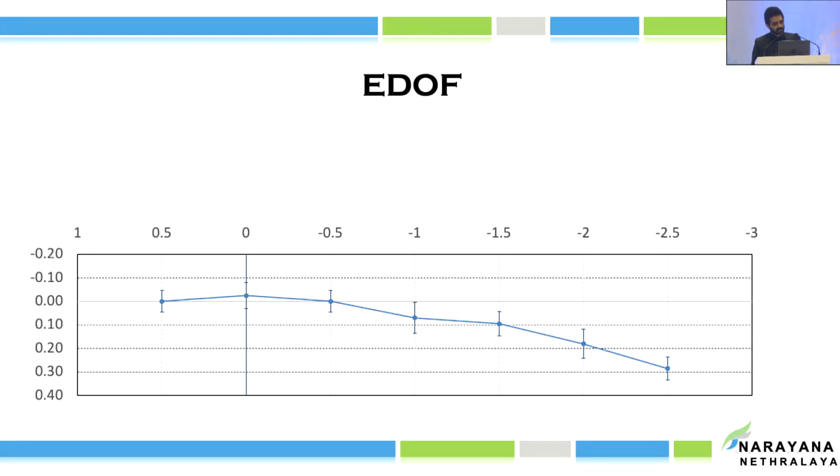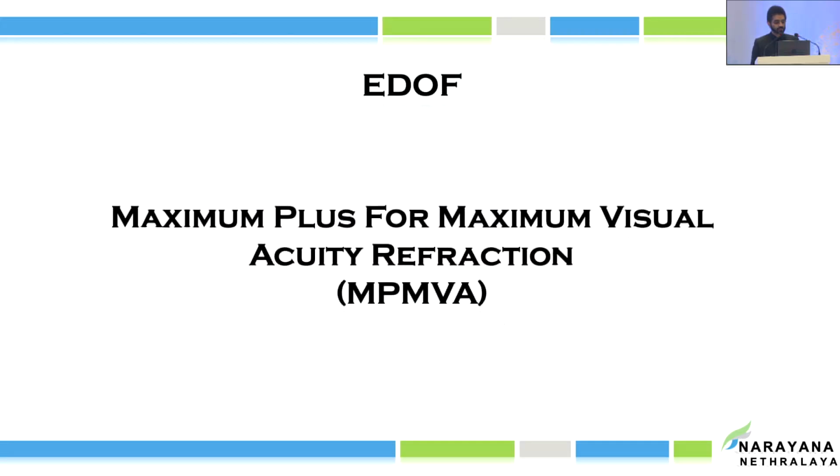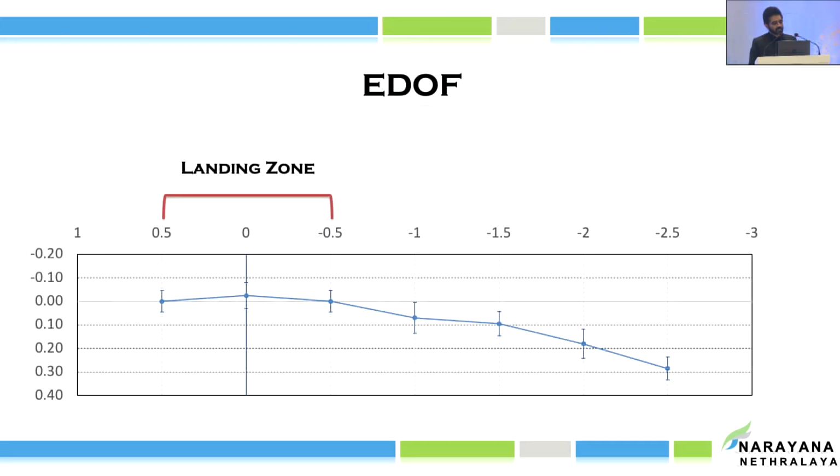But before I share that, we need to understand one concept: these EDOFs have something called a landing zone. That means anywhere my power falls between plus 0.5 and minus 0.5, I will still have 20/20 vision. Now the question is, how do I refract this patient? If I refract to 0, it's 20/20. If I leave a little plus 0.5, it's 20/20.